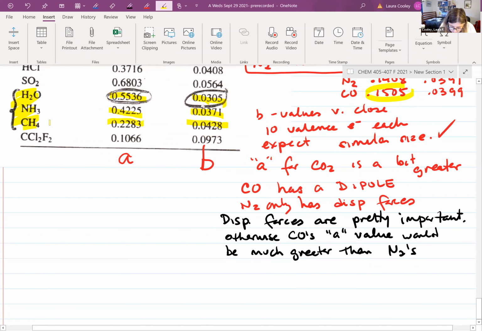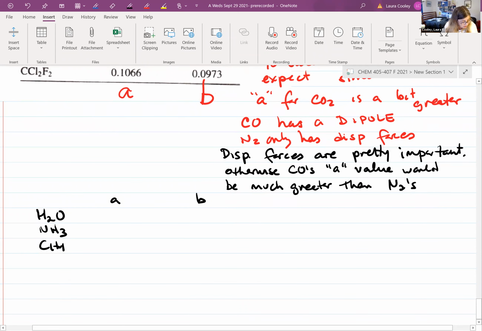So let me get those numbers down. So those A and B values are, you could see that water has the greatest of the three, which is no surprise.